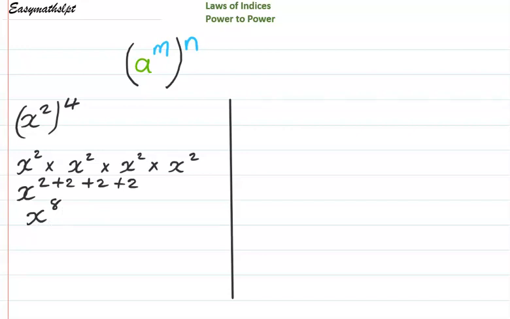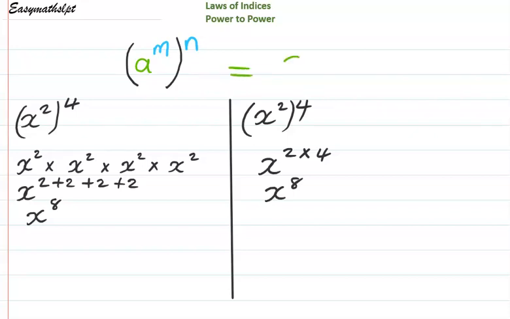If we were to go straight ahead and use the rule, it would be x squared raised to the fourth power is the same as x to the second power multiplied by 4, which is x to the 8. So my rule, therefore, is a to the m raised to the n is the same as a to the m multiplied by n.